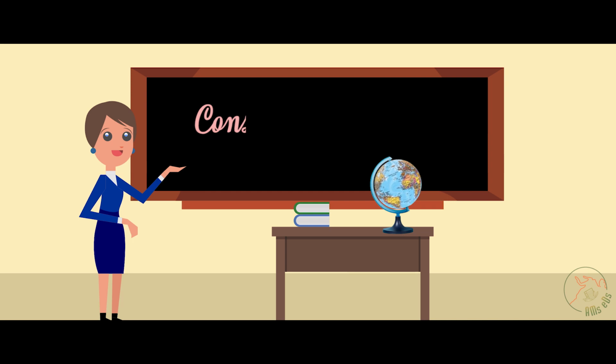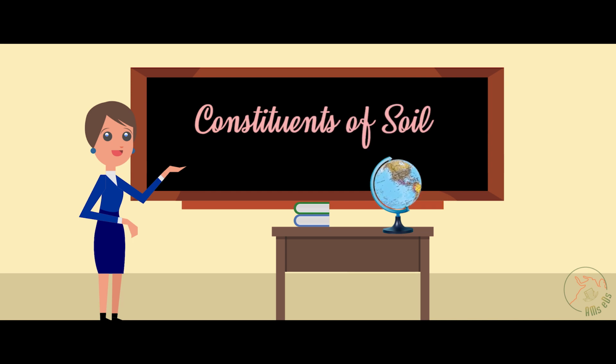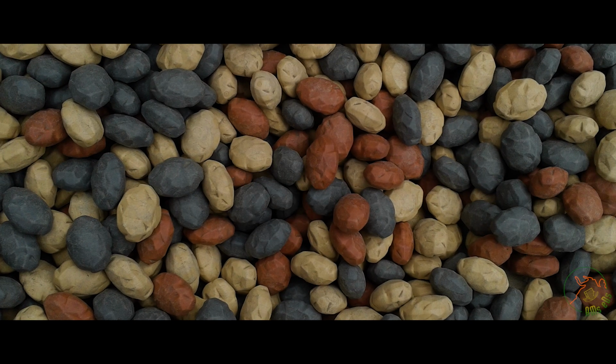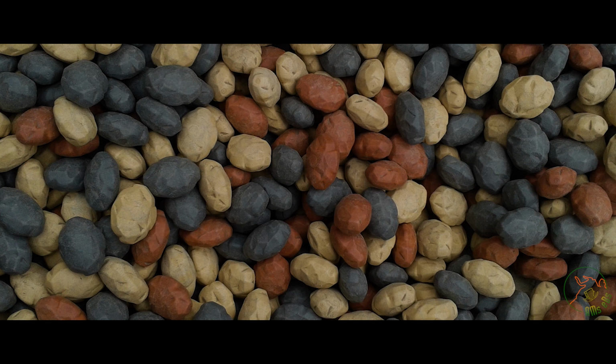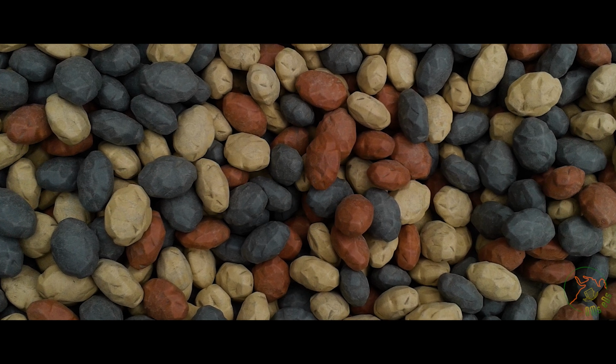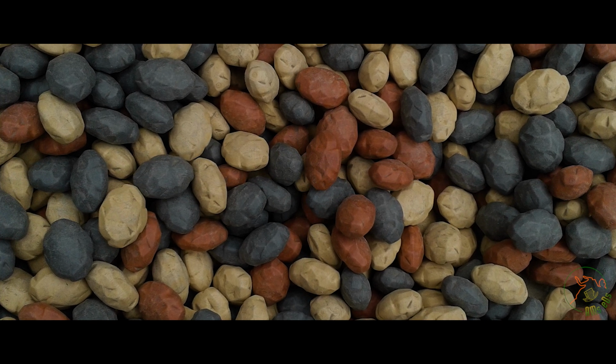Now, let's take a look into the constituents of soil, or make a brief study of what soil is made up of. Soil is the loose material which forms the upper layers of the surface and is developed from it.